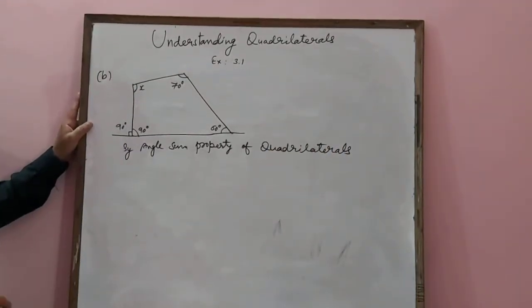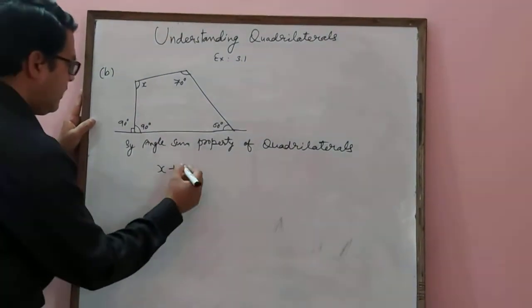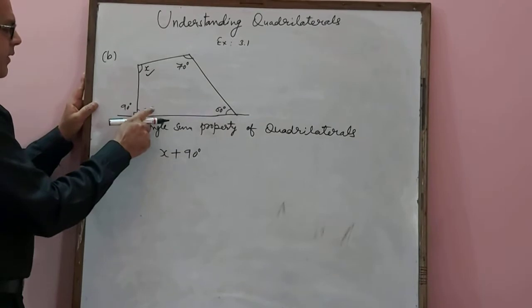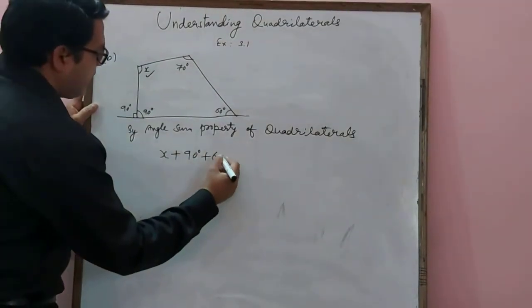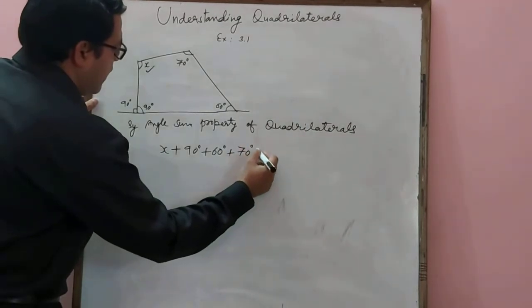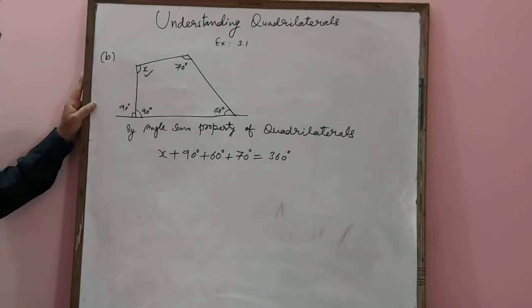What does angle sum property say? The sum of all the angles, X, this angle 90, plus 60, this one, and plus 70 equals 360 degree. Right?